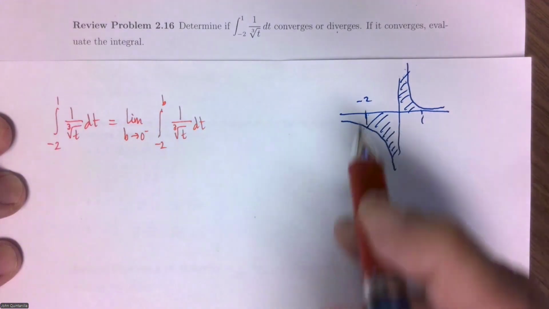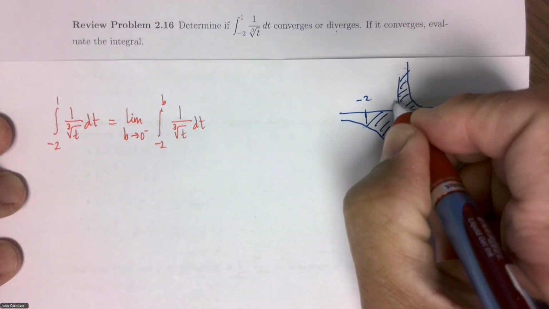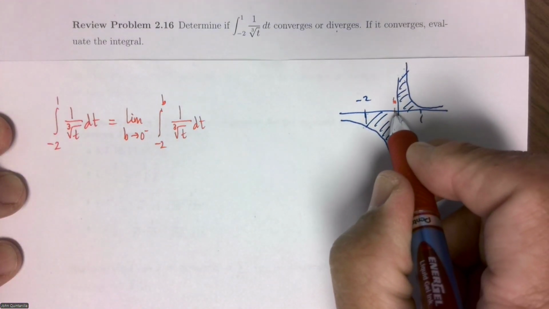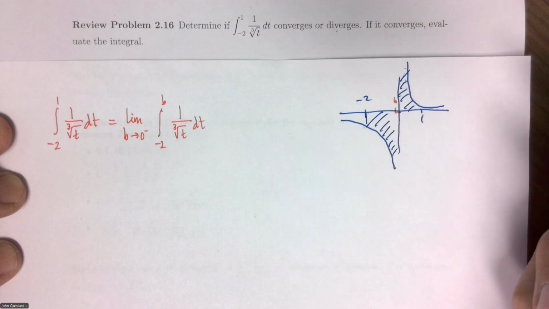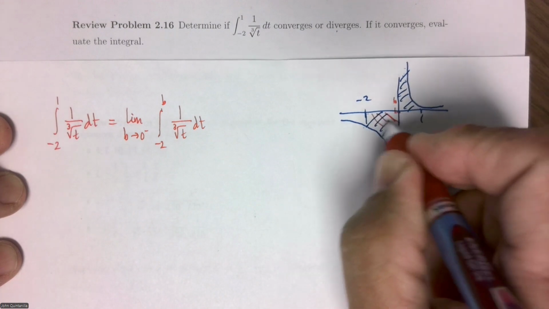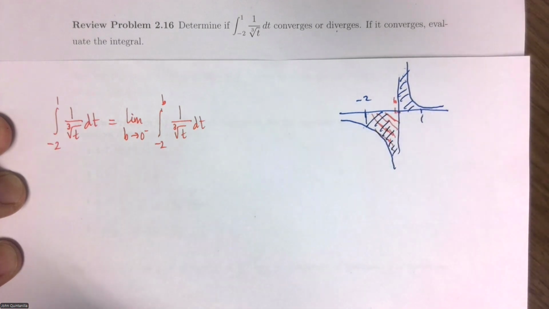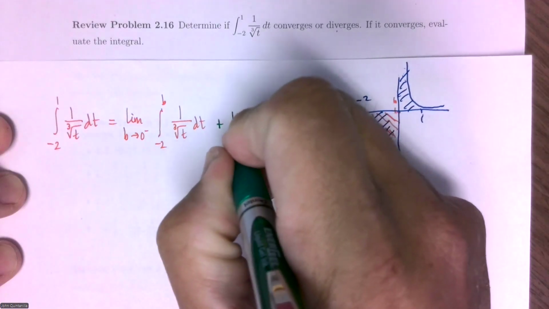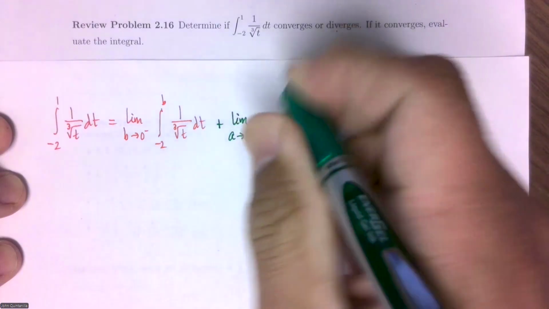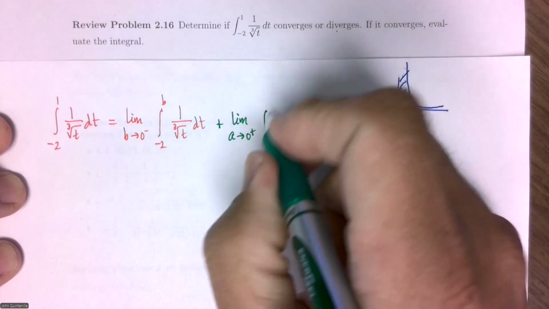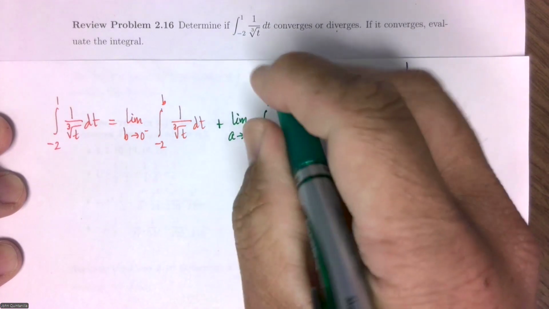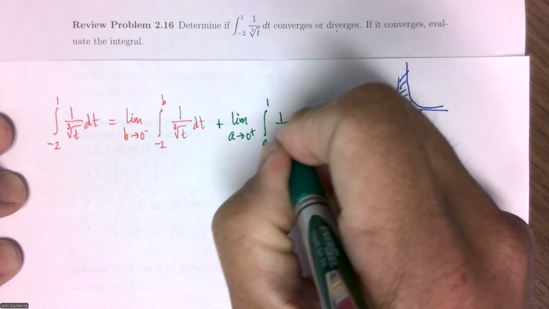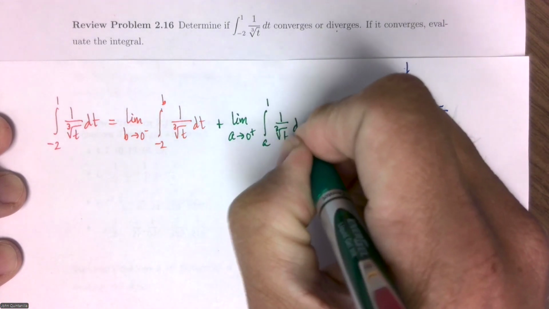So let me stop there. We're going to take a b over here and let b get closer and closer to 0. And that will give me an approximation to this part here that I've put in red. Then I will have a second limit, plus the limit as a approaches 0 from above of the integral from a to 1 of 1 over the cube root of t dt.